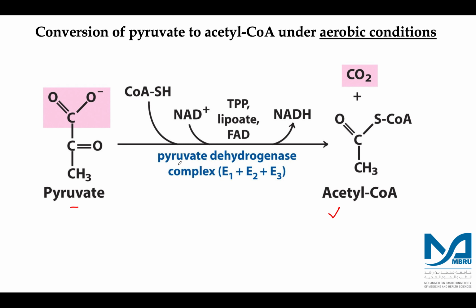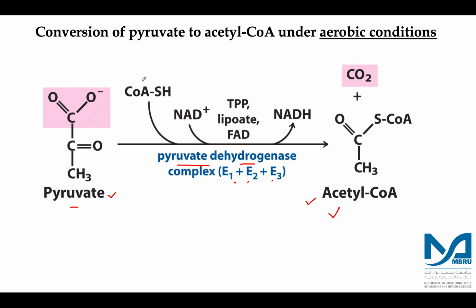The enzyme complex that catalyzes the conversion of pyruvate to acetyl coenzyme A is the pyruvate dehydrogenase complex. This complex consists of three separate enzymes, E1, E2, and E3, and requires several cofactors.